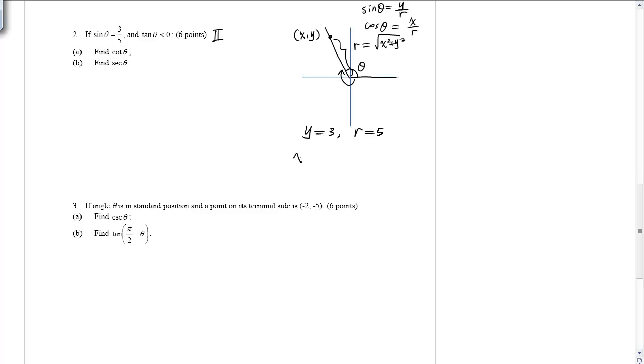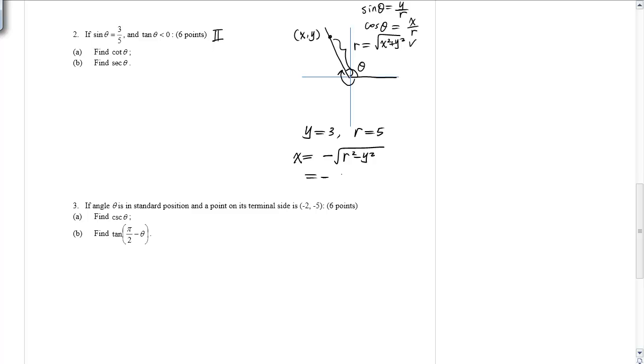Now, x can be calculated by reversing this equation. Therefore, x could be either positive or negative square root of r squared minus y squared. However, because we already know this angle has the terminal side in the second quadrant, we can tell for sure that x has to be negative.